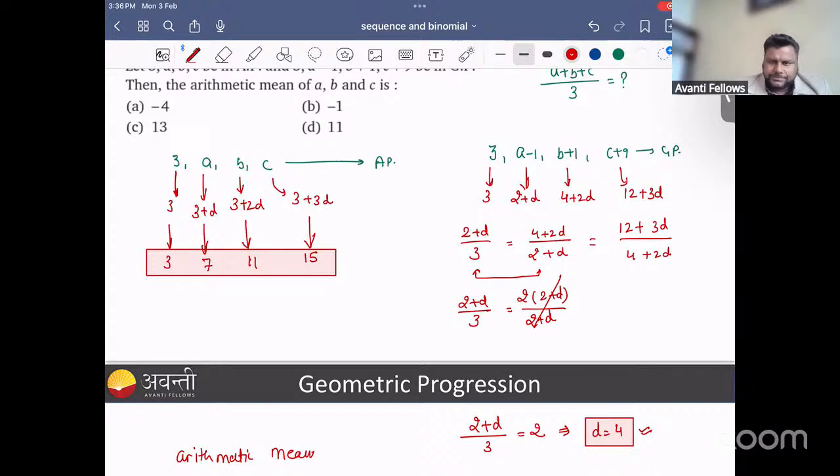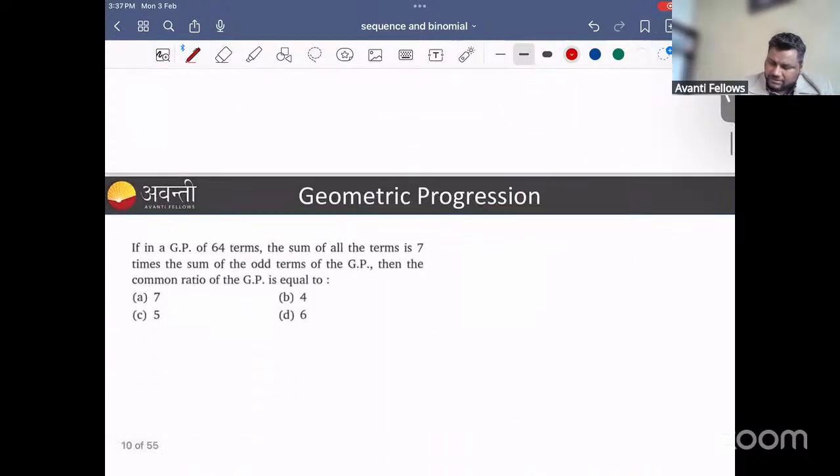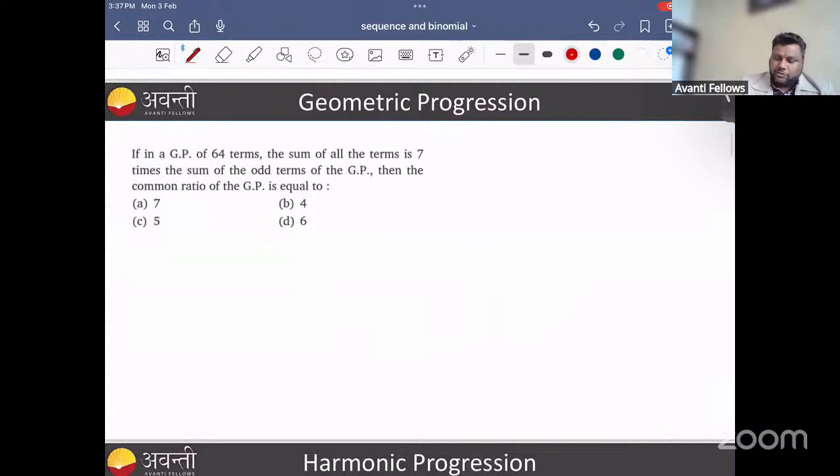Am I clear? Now, let's go with the next question. I give you a couple of minutes to think over it. Then we'll run a poll. Let us see how many of you make it correct. Quickly, have an attempt for 1 minute, then I'll run the poll.